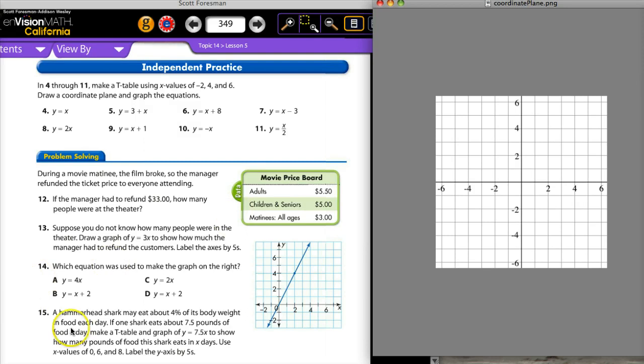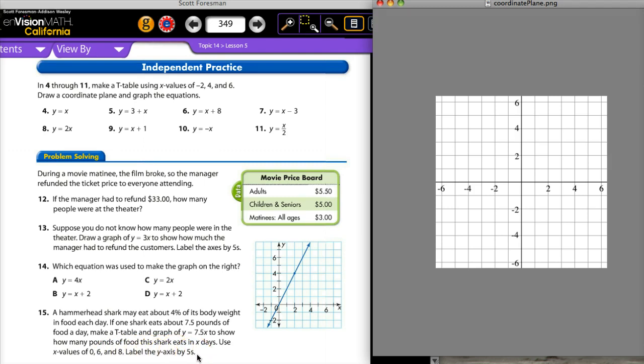Okay? The last one is a hammerhead shark may eat about 4% of its body weight in food each day. If one shark eats about 7.5 pounds of food a day, make a t-table and a graph of y equals 7.5x to show how many pounds of food this shark eats in x amount of days. Use the x values 0, 6, and 8 and label the y-axis by 5s.